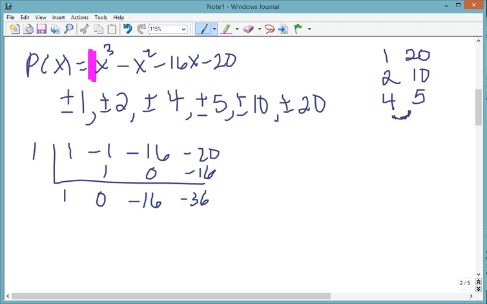Alright, so, well, let's try -1. Okay, so that would be -1, that would be -2, that would be 2, -14, that would be 14, that would be -6. So, -1 is not a 0.